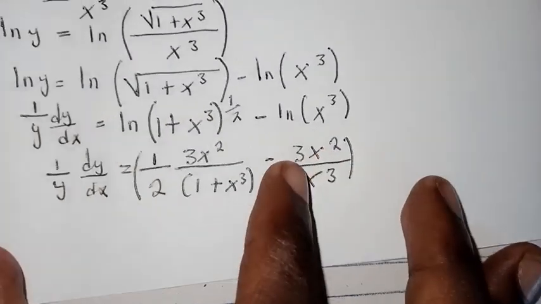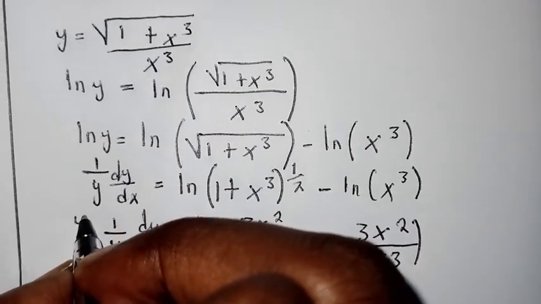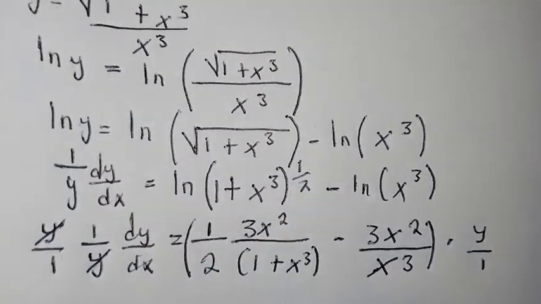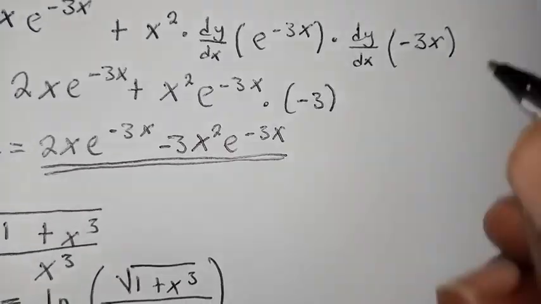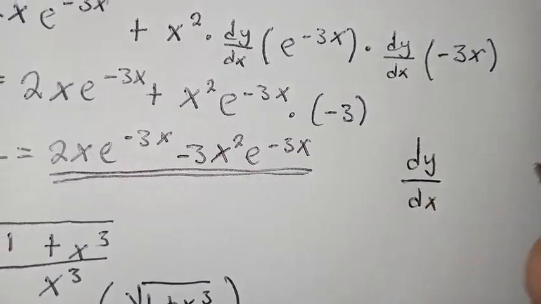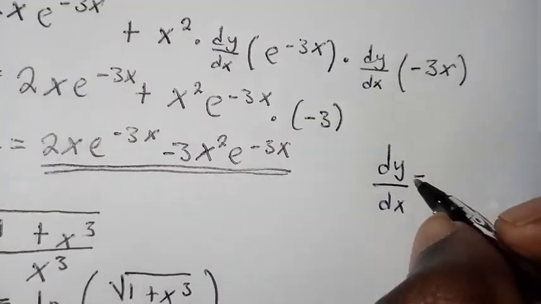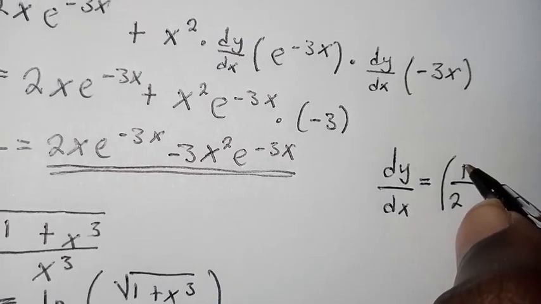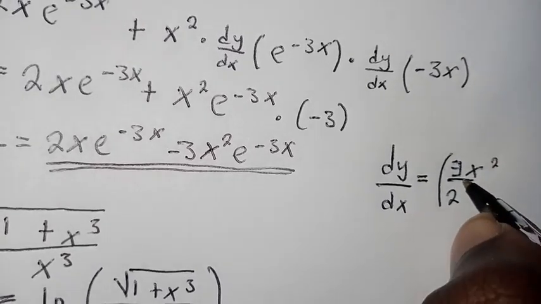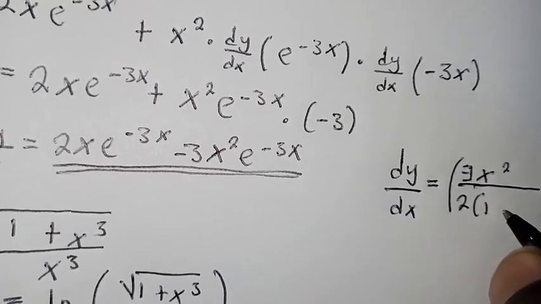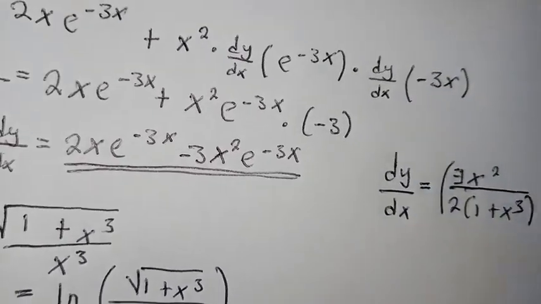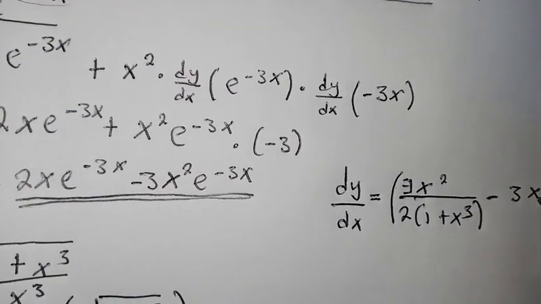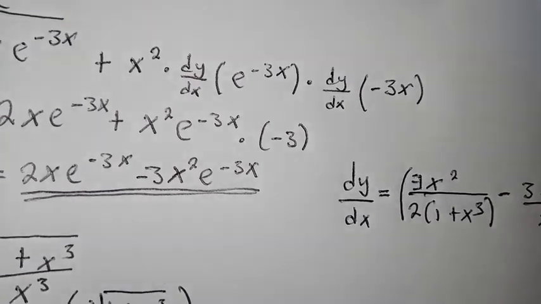So for you to remain with dy/dx here, you multiply by y over 1 on both sides, so that the y's cancel, and you remain with dy/dx equal to 1 over 2 times 3x to the power 2 over 1 plus x to the power 3, minus 3x to the power 2 over x to the power 3. Then I put my y here.